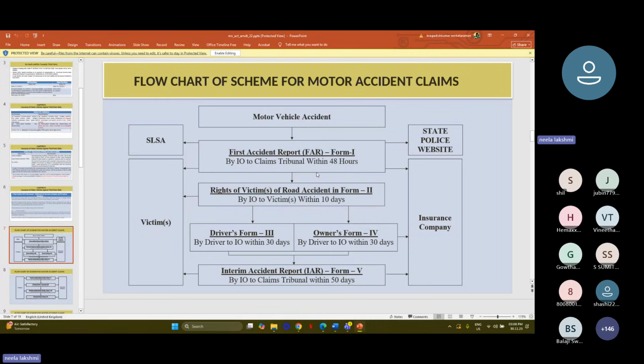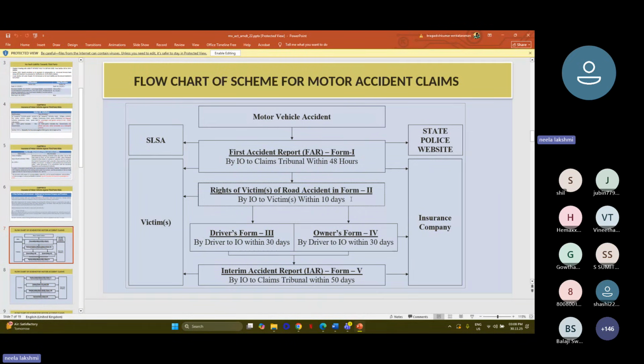Next step: rights of the victims of a road accident in Form number 2. FIR is in Form number 1. Form number 2 is rights of victims. It is prepared by the IO for the victims within 10 days.